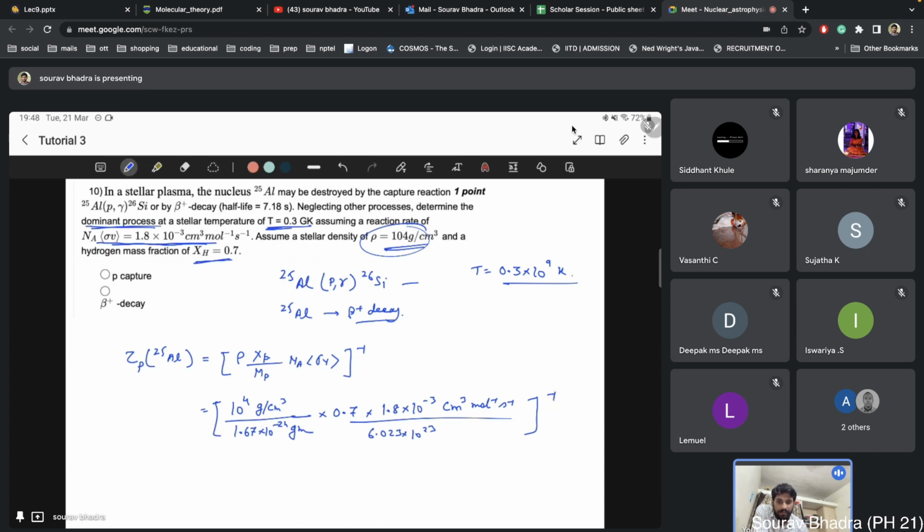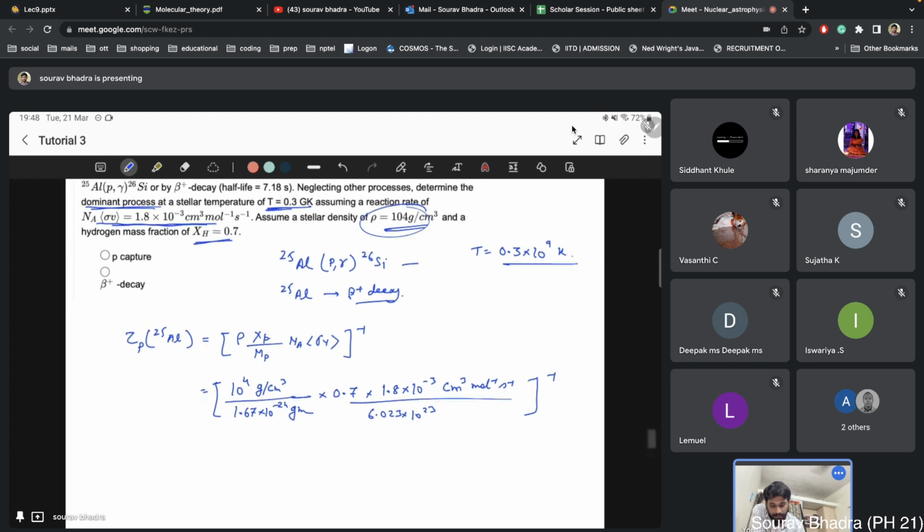Exactly similar step I am following as I did in the previous question. So the final result will be this: cm³ per gram per mole inverse unit, 10 to the power 4 times 0.7 divided by 1.67 × 10 to the power minus 24.